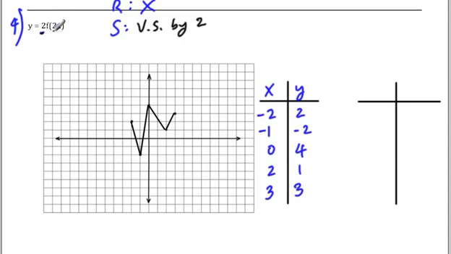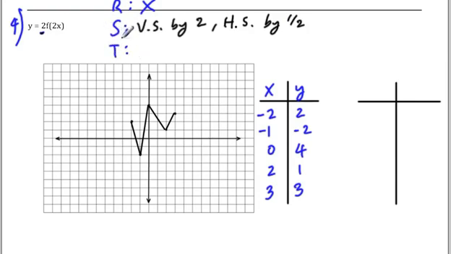Remember, we're just doing the reciprocal of the coefficient inside. So another way of saying this, we have a vertical stretch by 2, which means all the y's get multiplied by 2. And then all the x's, it's a horizontal stretch by half. So inside the argument, it's by half. Now let's look at the last one.